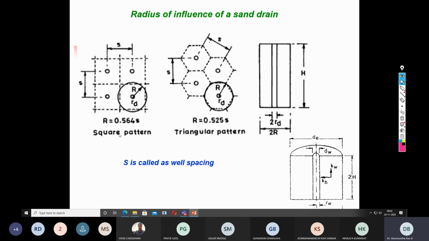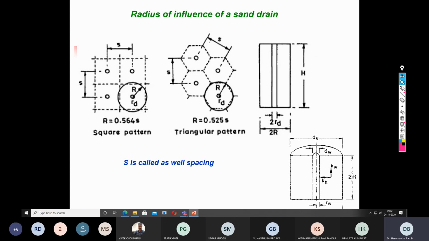When you talk about the zone of influence, that is capital R. We also did discuss two varieties of patterns. One can go for a square pattern or one can go for a triangular pattern.